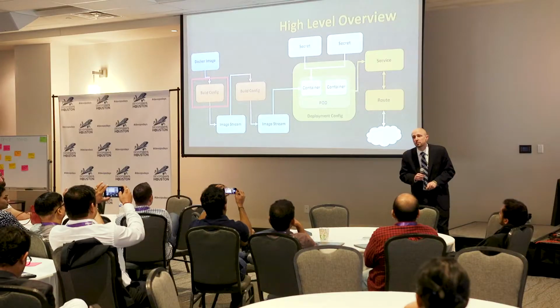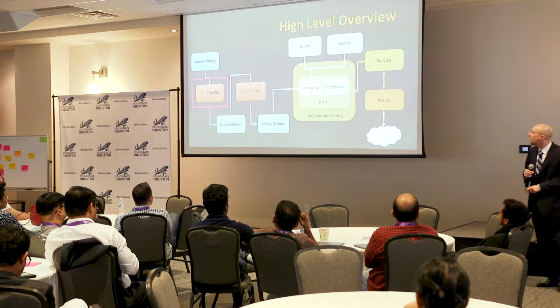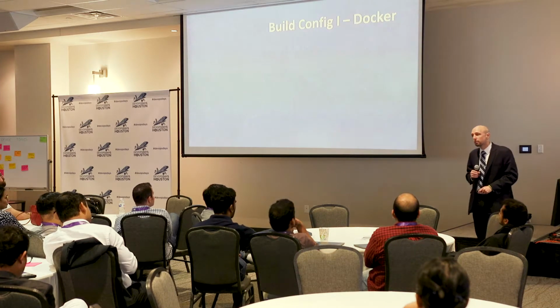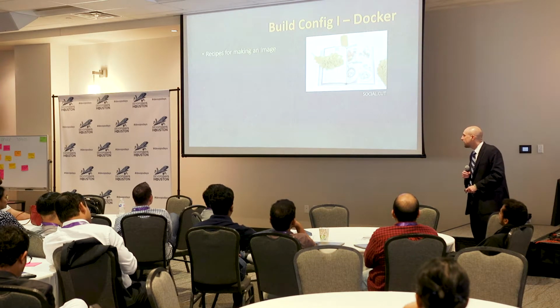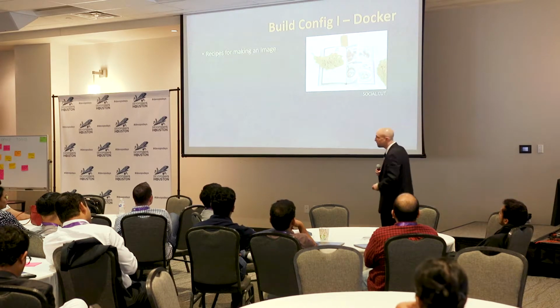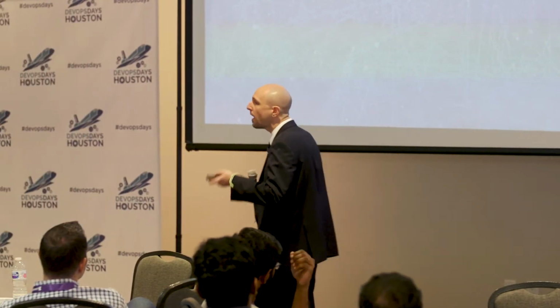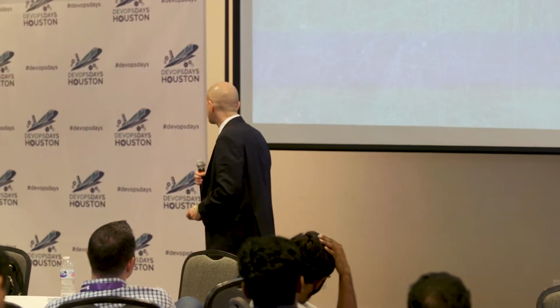Okay, we talked about the Docker image. Let's go into our first build config. This is going to be the Docker build config. Now, build configs are little more than recipes for making an image. And we focus on the fact that this is a Docker build for one simple reason, the concept of got root. This is going to be the place where I perform operations as though I was root.